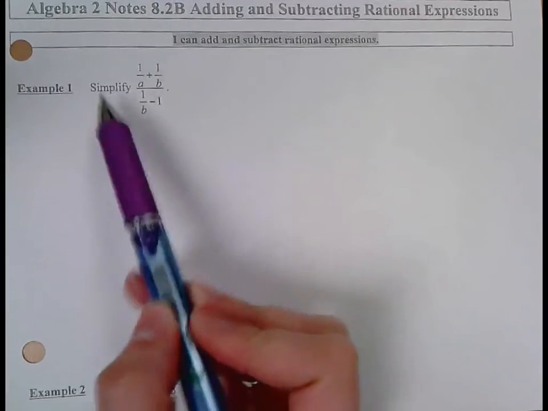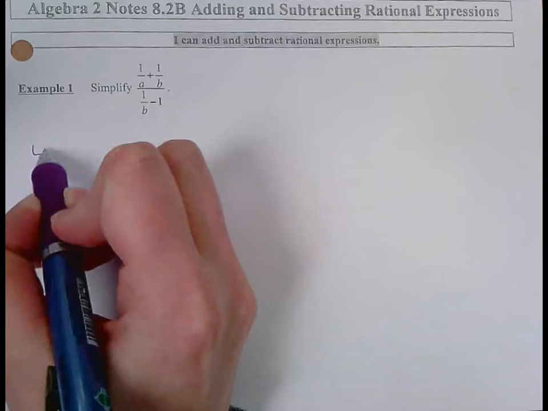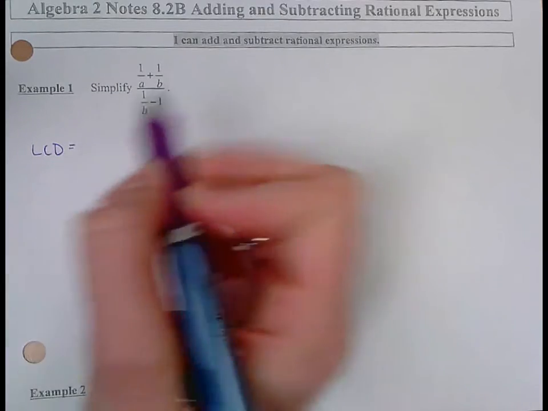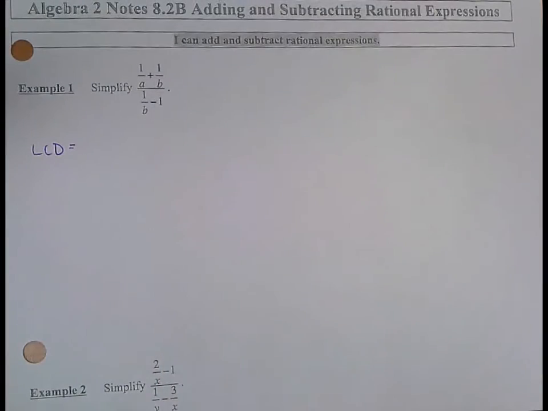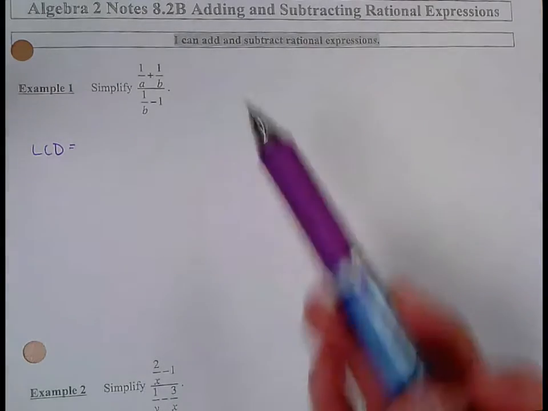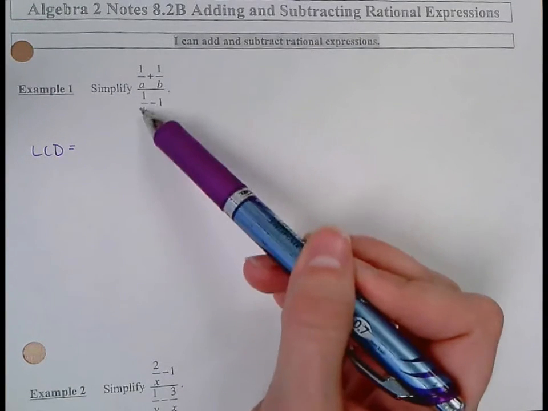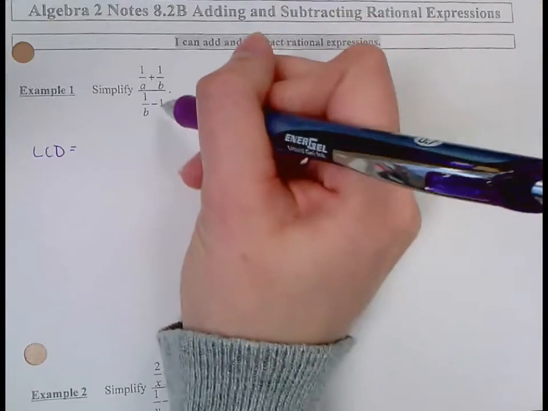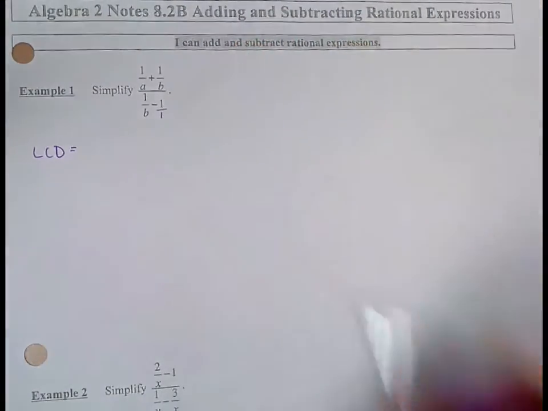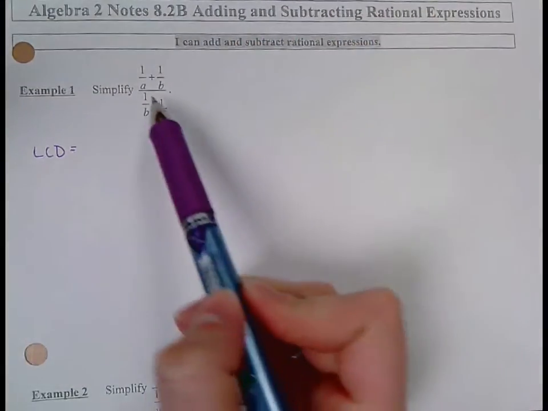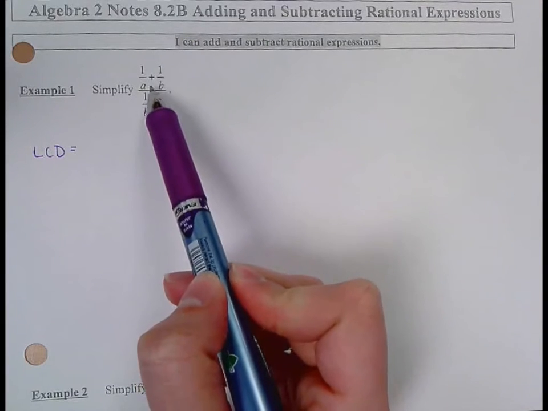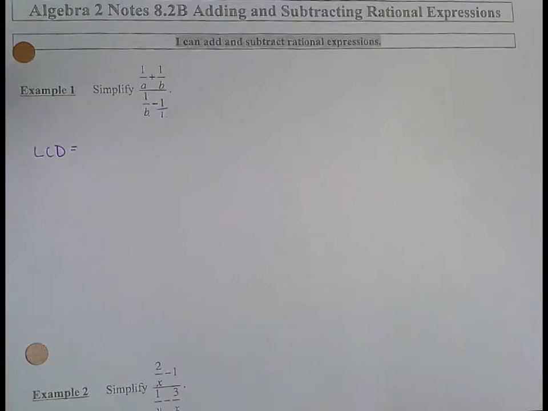So in first looking at this, I want to find, not for the overall fraction I have, but for the fractions within the big fraction. So the 1 over a, 1 over b, 1 over b, I could make this one a fraction as well by putting it over 1. So I have 4 denominators: a, b, b, and 1.